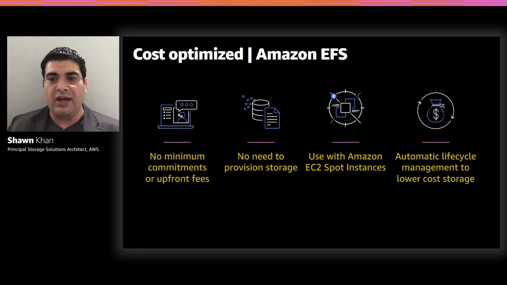In addition to high availability and durability, the multi-AZ architecture of Amazon EFS enables use cases, especially with spot instances, where having a persistent layer of storage matters. If you use a spot instance or a fleet of spot instances for a specific workload, EFS fits really well and helps our customers reduce their compute costs by upwards of 90%.